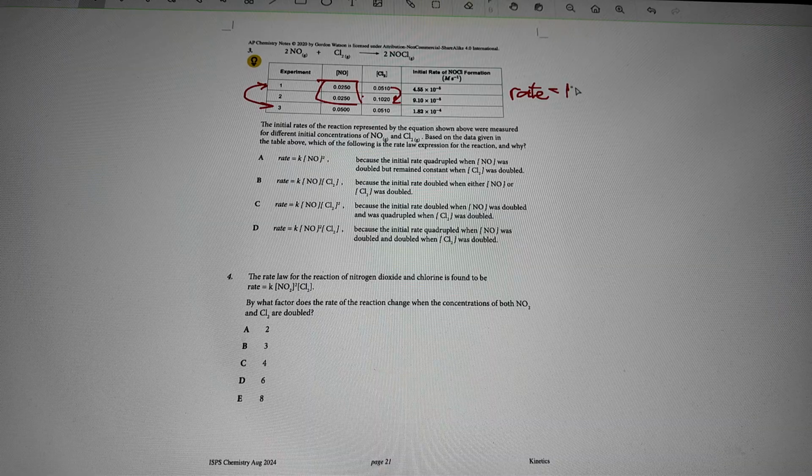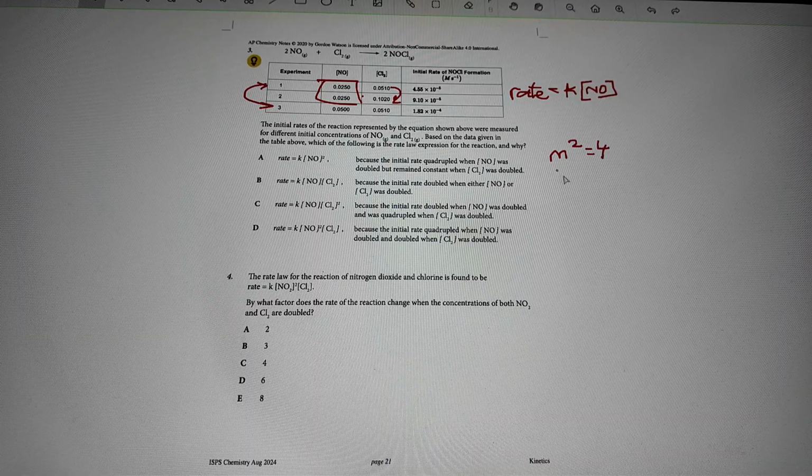It would be K, and then we would have NO. But because when we doubled NO, not NO2, sorry, I don't know why I keep writing NO2. NO, then because it's exponential when we doubled it, right? When you double something to 2, and then it goes to 4, it's exponential, right? So you put a 2 up here, and then because Cl2, it would just be Cl2.